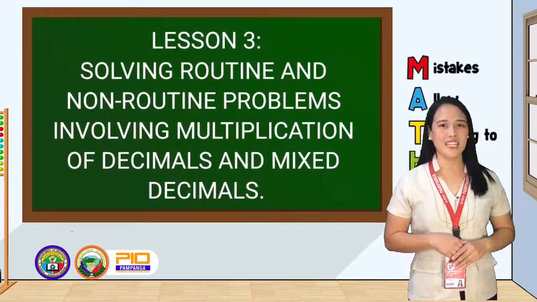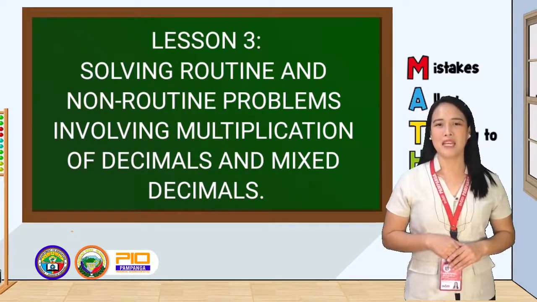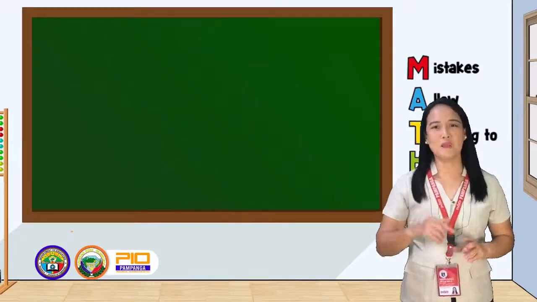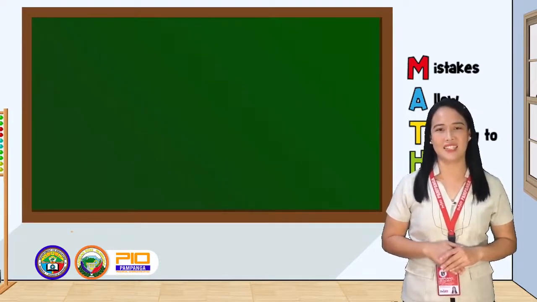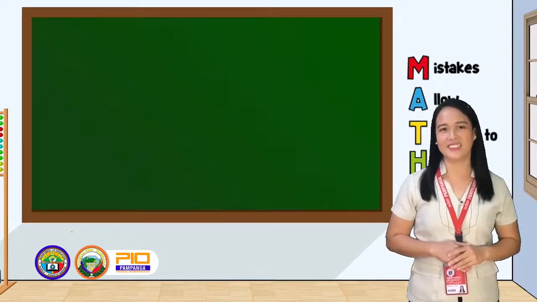Number 3, solving of routine and non-routine problems involving multiplication of decimals and mixed decimals. Reminder, Super K kids, you have to ready your math kits for doing the different activities. So sit back and enjoy while you learn.